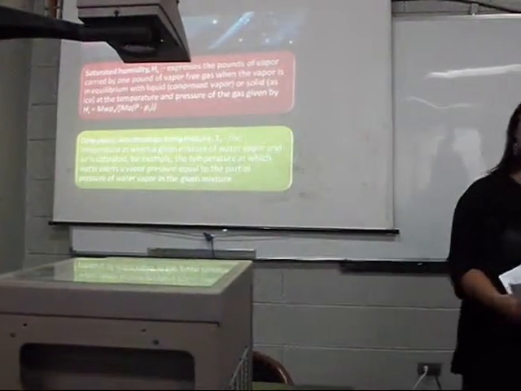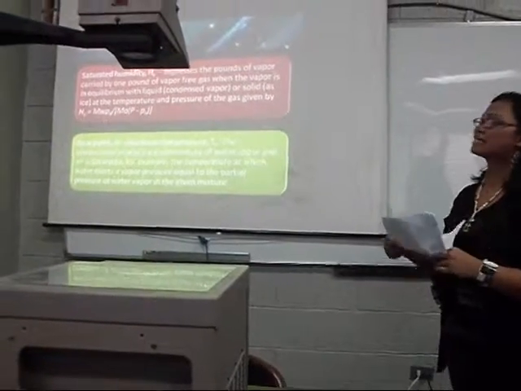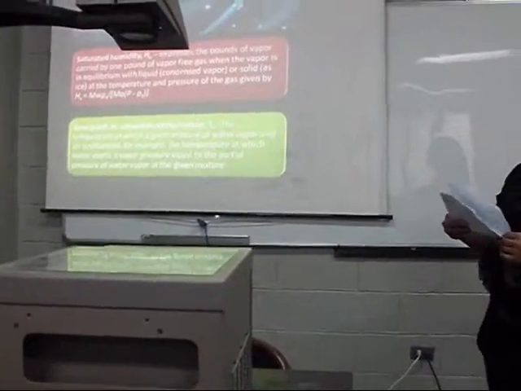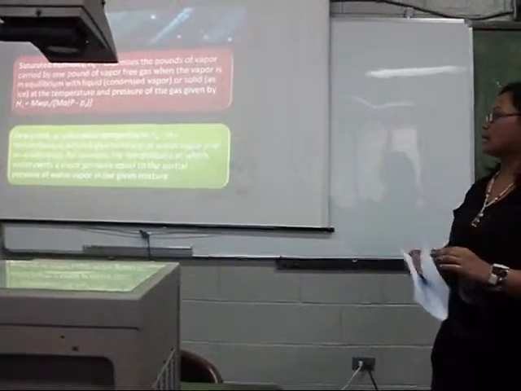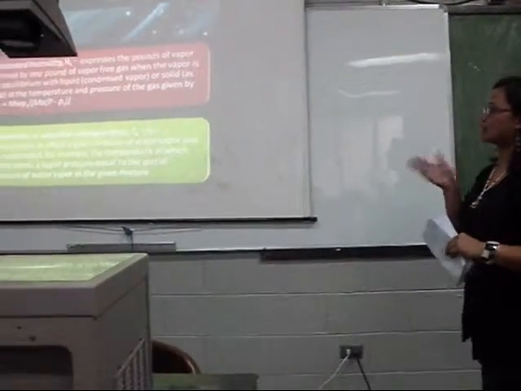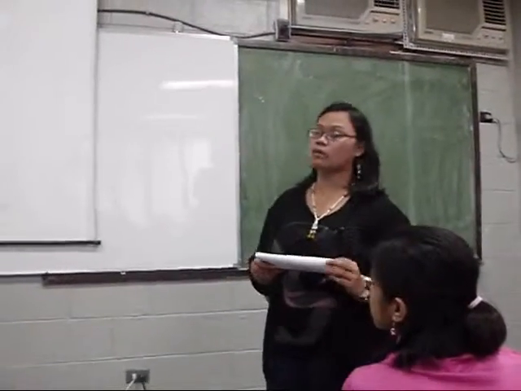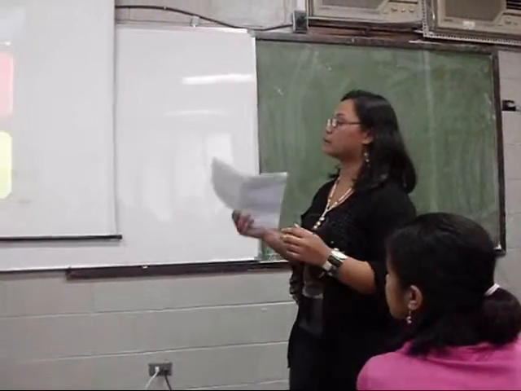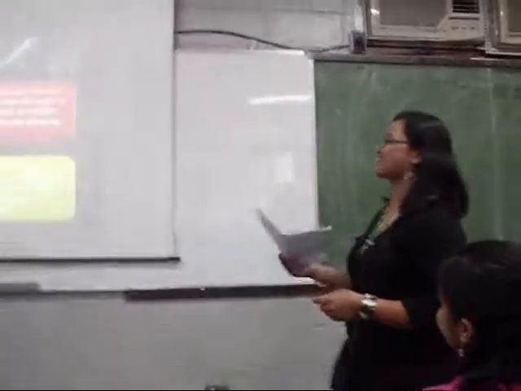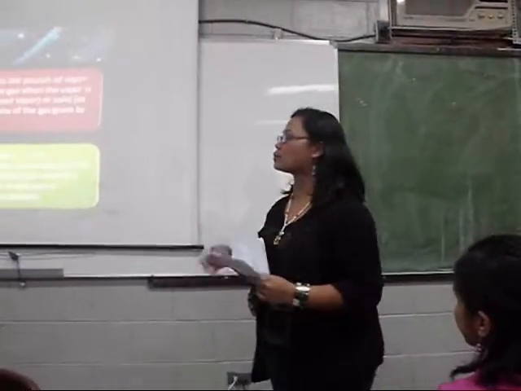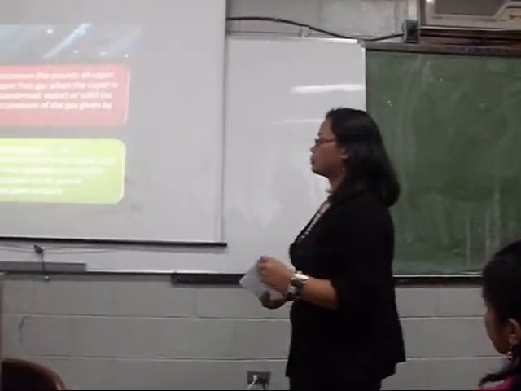Okay, next term. We have the saturated humidity, noted as H sub S. This is expressed by the pounds of vapor carried by one pound of vapor-free gas when the vapor is in equilibrium with the liquid.